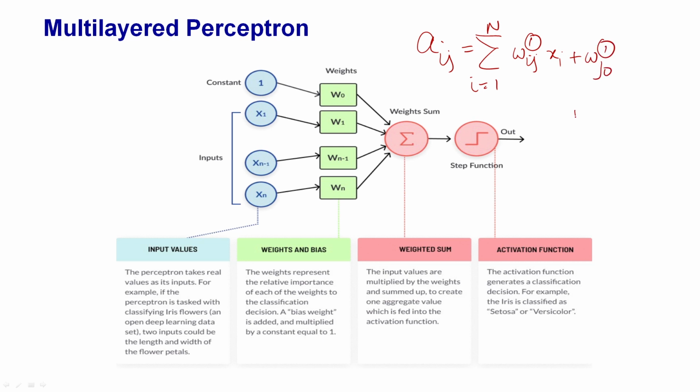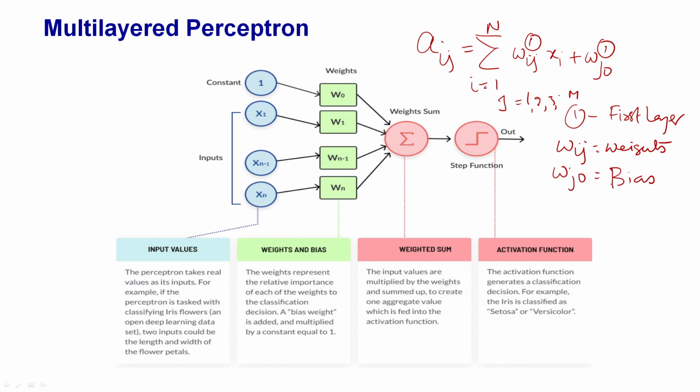Remember the superscript 1 stands for the first layer, and j can vary from 1 to m. Here wij are weights, and wj0 is the bias.